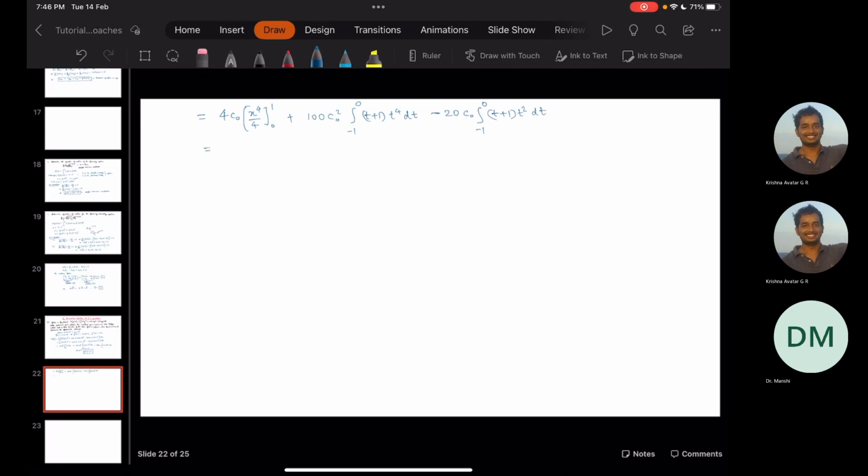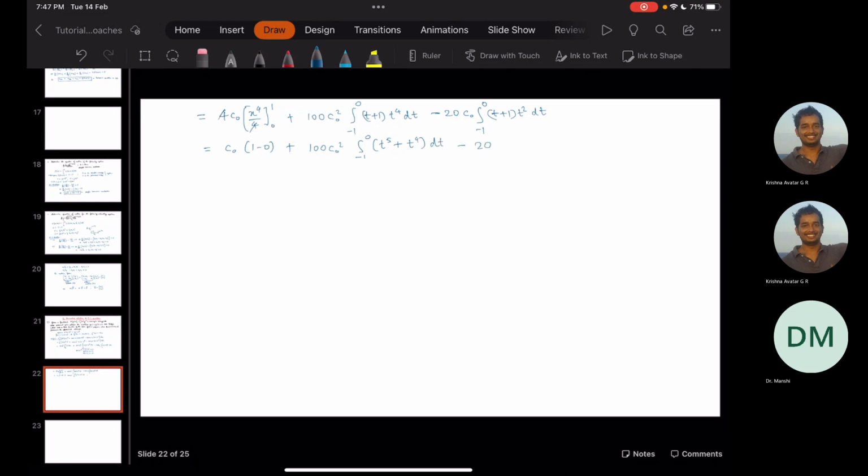So 4 into c naught squared into x to the power 4 by 4 from 0 to 1. The 4 cancels out, so we just have c naught squared into x to the power 4, which at 1 is 1, minus 0. And here, it's 100 c naught squared, with limits minus 1 to 0, and we just multiply: t to the power 4 into t is t to the power 5, and t to the power 4 into 1 is t to the power 4.